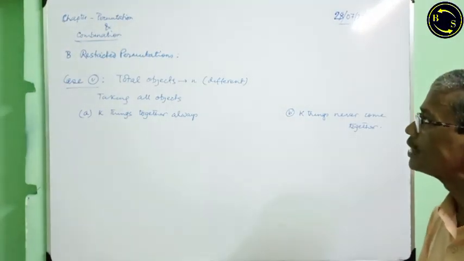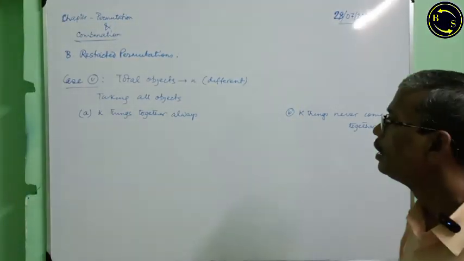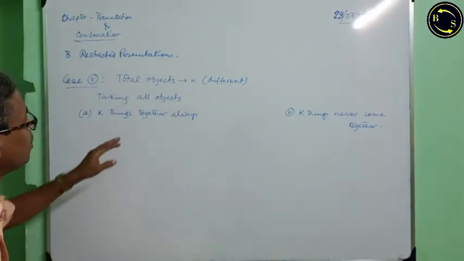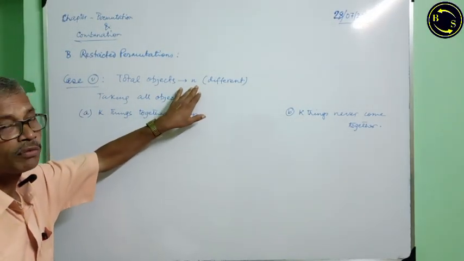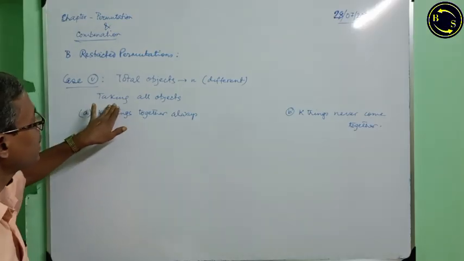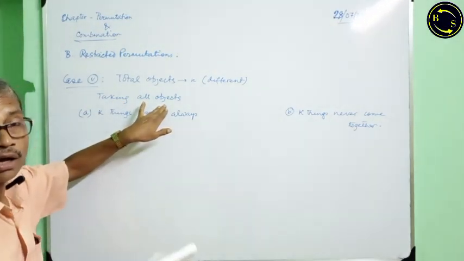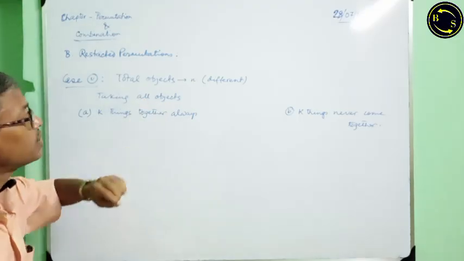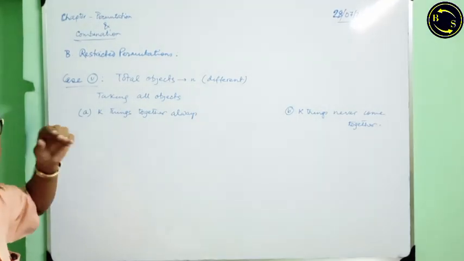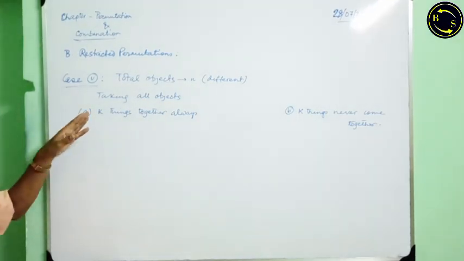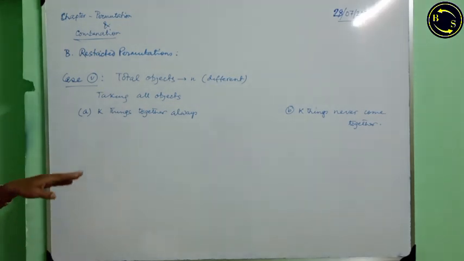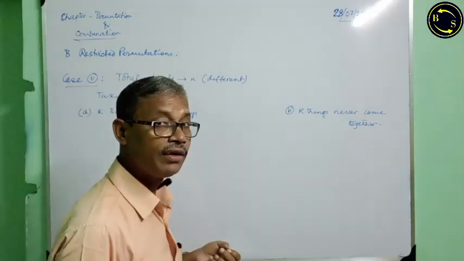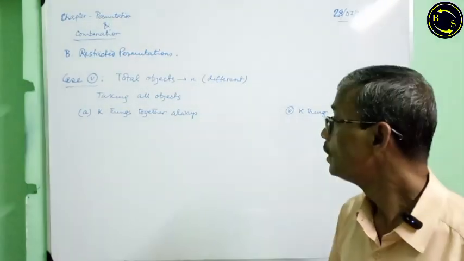Next, restricted permutation. I call it case 5. Here, total number of different objects is n, taking all objects. In the earlier cases, we considered r objects to be taken out of n different things. Here, all objects are taken and arranged.